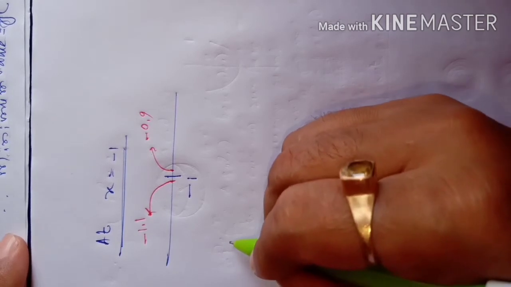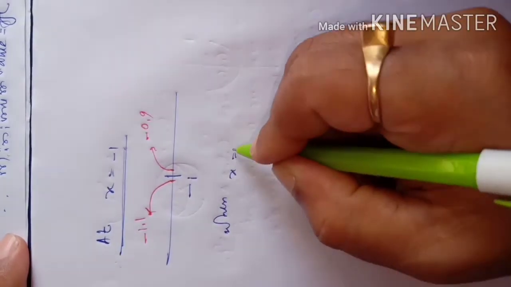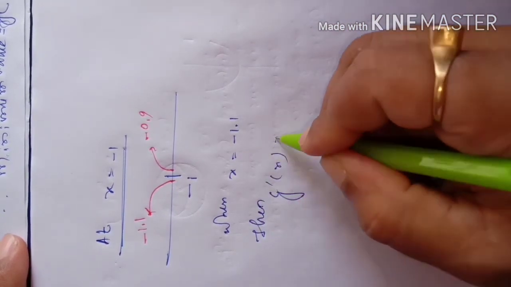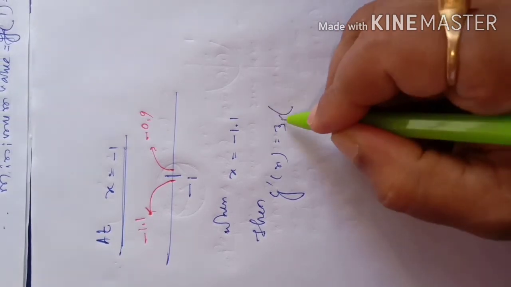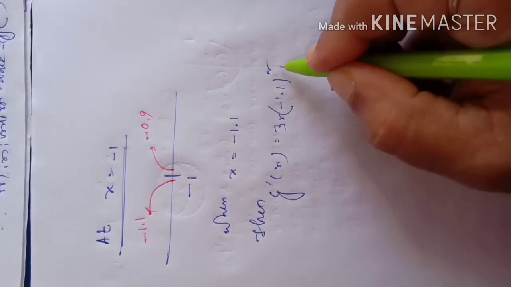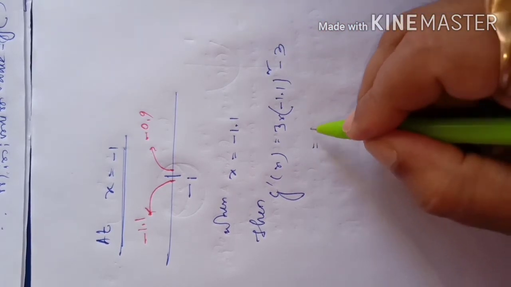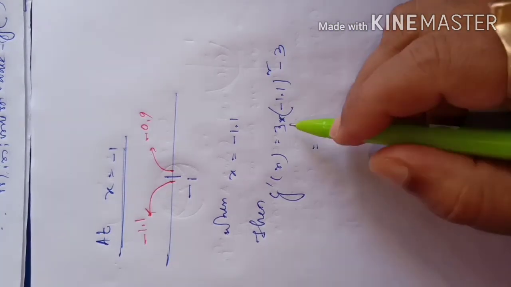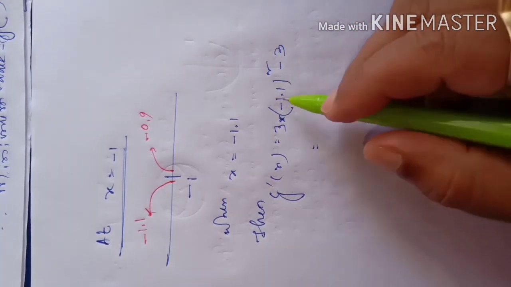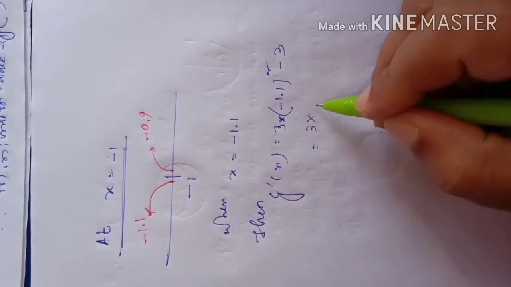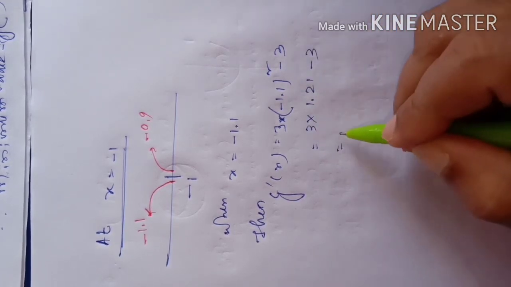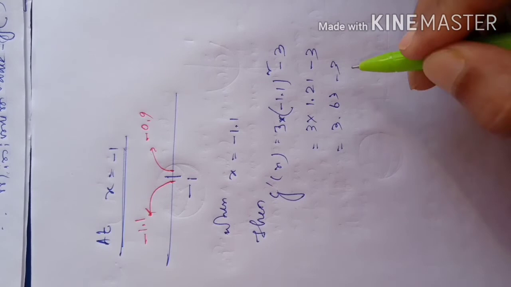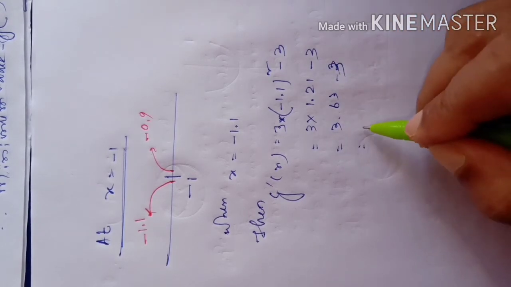So when x is equal to minus 1.1, then g dash x will be equal to 3 into minus 1.1 whole square minus 3, that will be a number greater than 0, because 1.1 square is 1.21, so it is 3 into 1.21 minus 3, and this will give us 3.63 minus 3, which is a positive number.